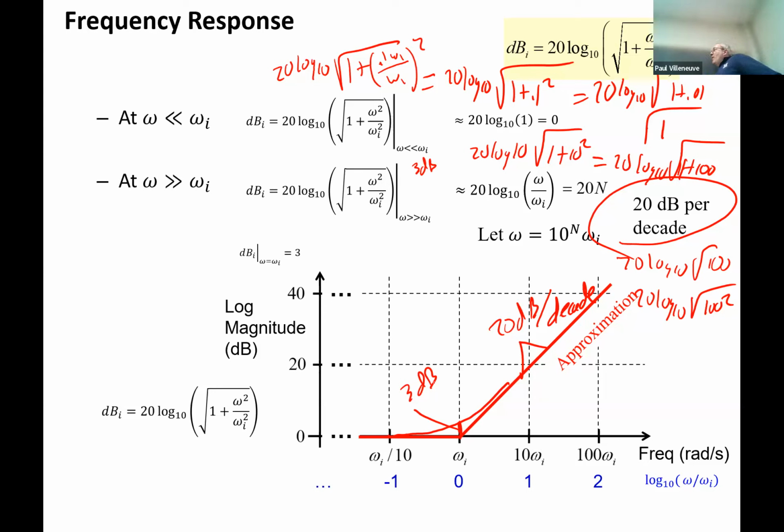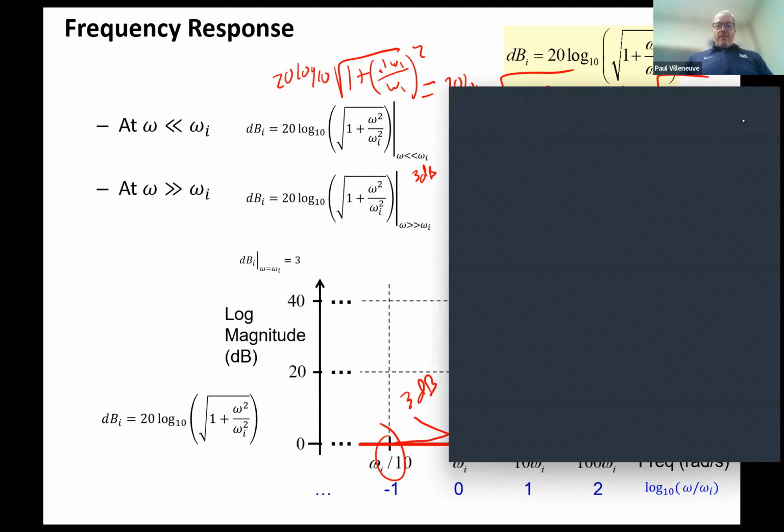So if you stay well away from your break frequency, maybe 10 times that, you're going to be pretty accurate. We already saw that when we had 10.05 instead of 10. That was pretty close. Let's do this one over here, the 1.01. We take the square root of 1.01.